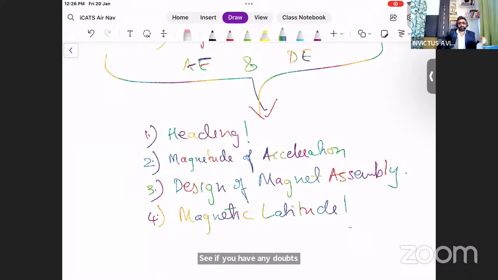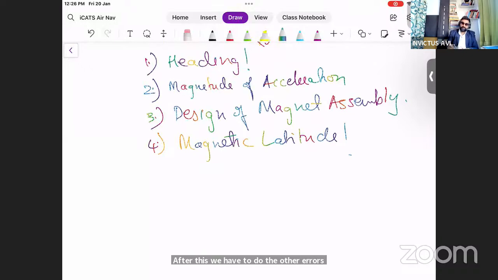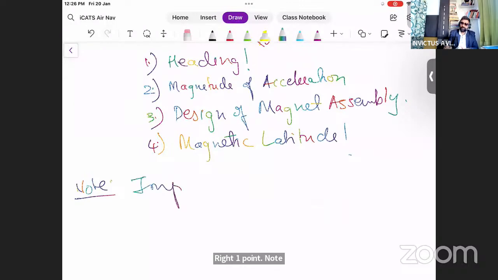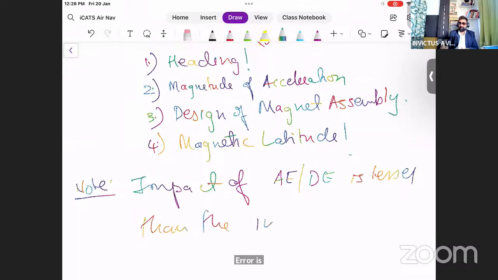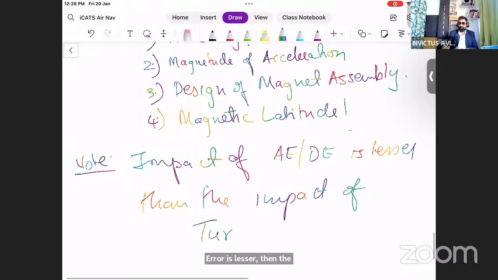After this, we have to do the other errors. Write one point. Note: impact of acceleration error or deceleration error is lesser than the impact of turning errors.